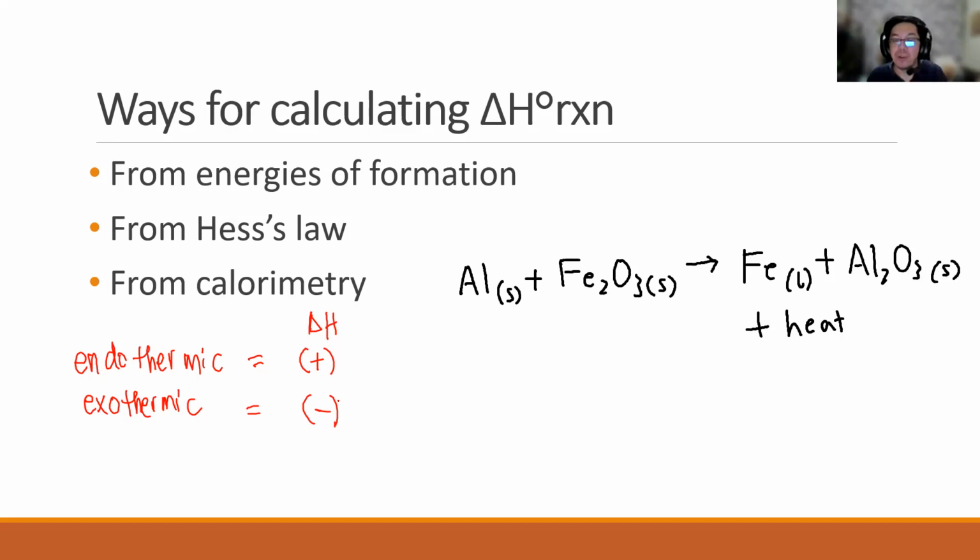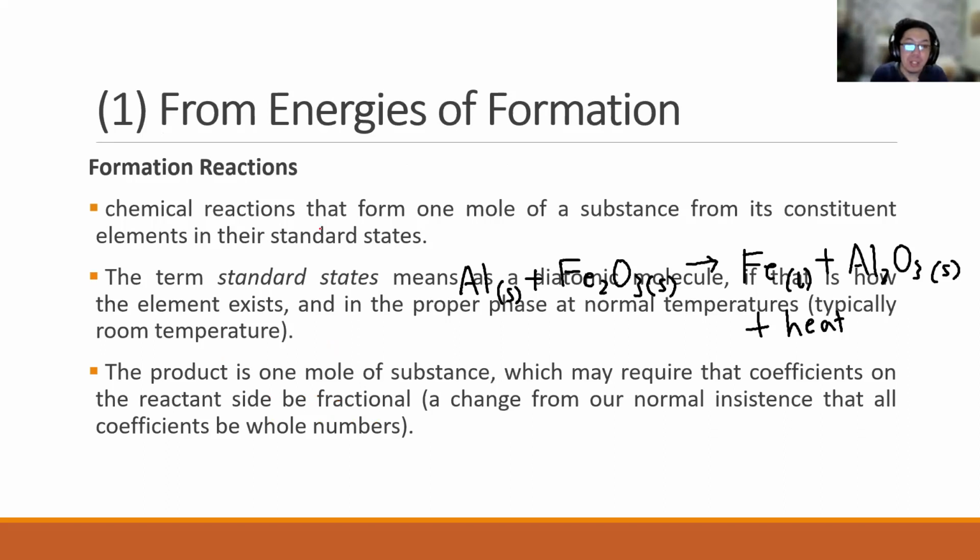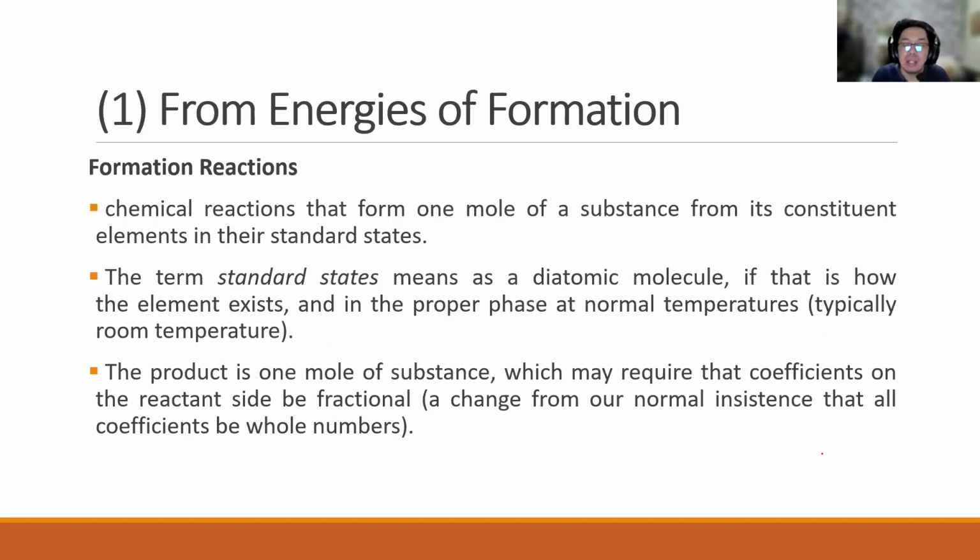For energies of formation, you need the thermodynamic data table, which is a list of substances with the different thermodynamic parameters listed. We can use that to get the delta H of reaction. The second one will be Hess's law. And the third one will be calorimetry. So we'll be running them one by one.